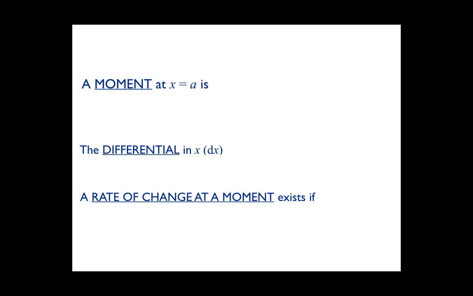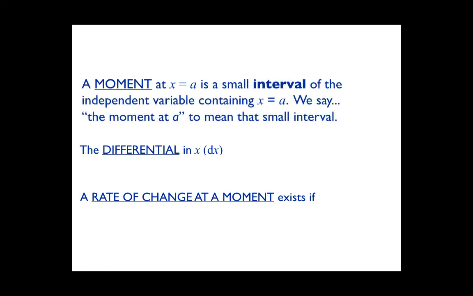So a moment, again, we talked about this already last time, is this idea of picking a small interval and looking within this small interval. Small is vague, but if we pick something small enough that it calculates to be close enough to a constant rate of change for our needs, then that's good. So this is a moment at x equals a, or a moment around x equals a.